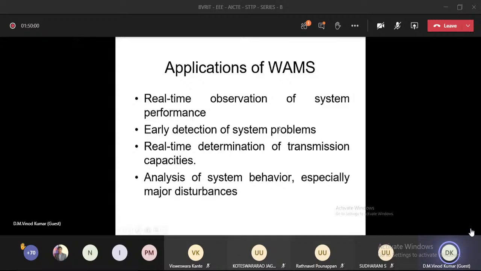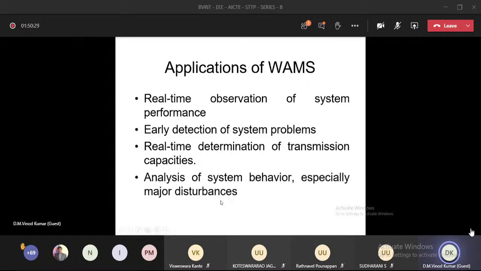For example, what we have seen recently in the paper news, the Srisailam left bank problem, which occurred because of maintenance or something, we don't know exactly what. Therefore: early detection of system problems, real-time determination of transmission capacities, and analysis of system behavior, especially major disturbances.